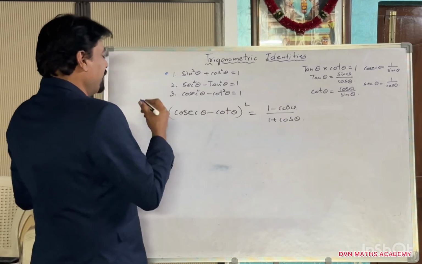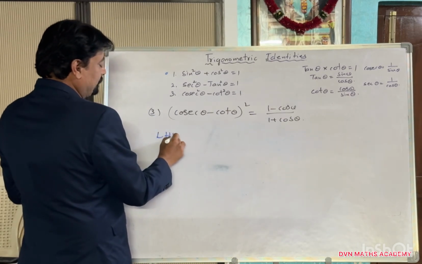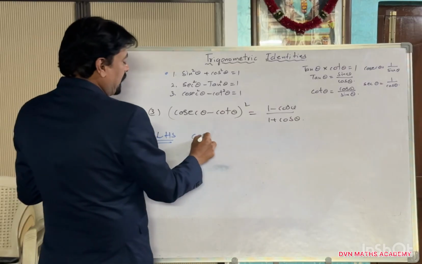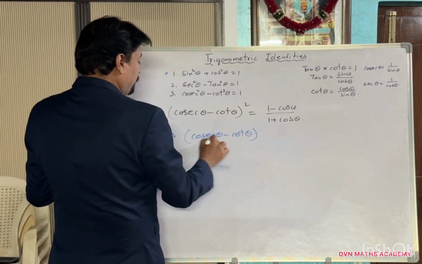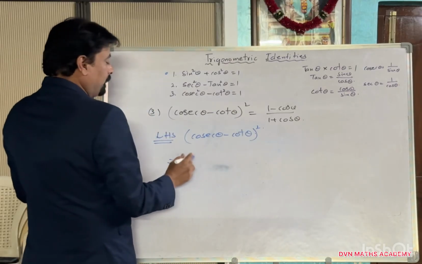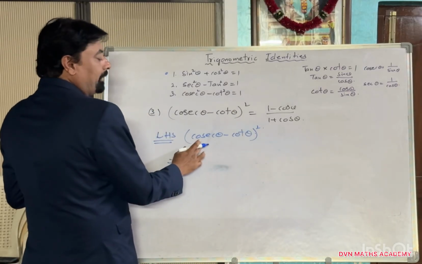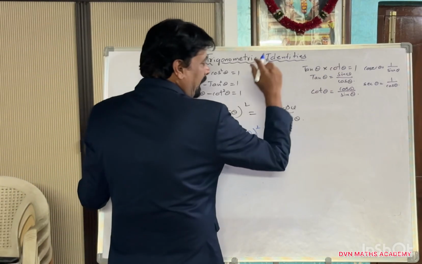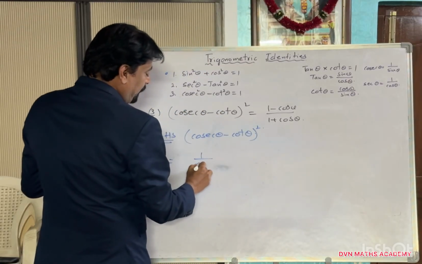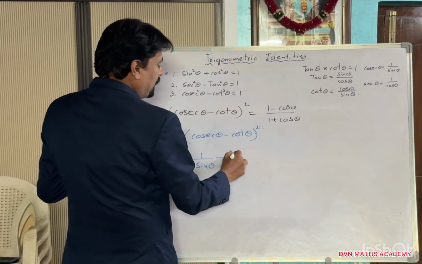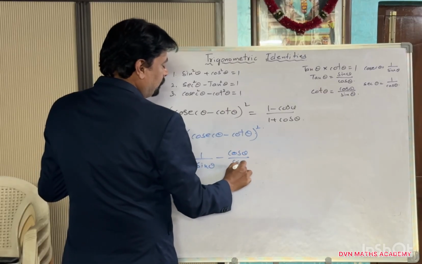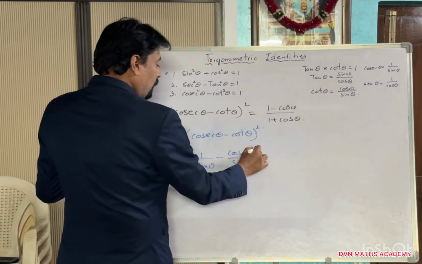So if you see the LHS, it is (cosec theta minus cot theta) whole square. Next, the first identity I am using here: cosec theta is equal to 1 by sin theta. So this is 1 by sin theta minus cot theta, which is cos theta by sin theta, whole square.